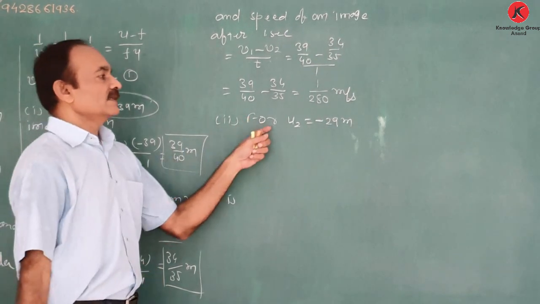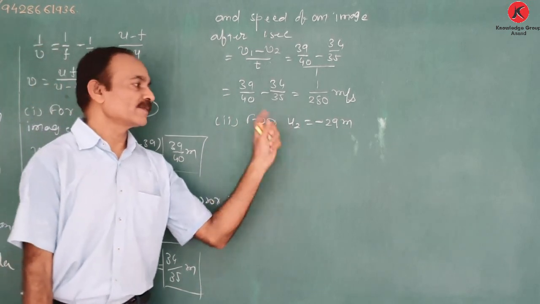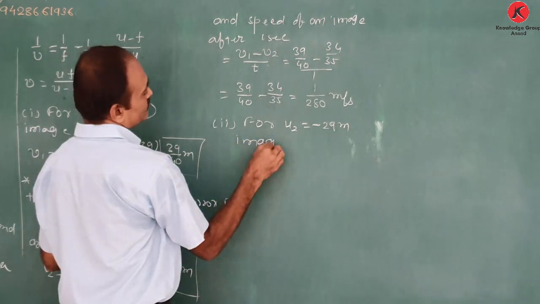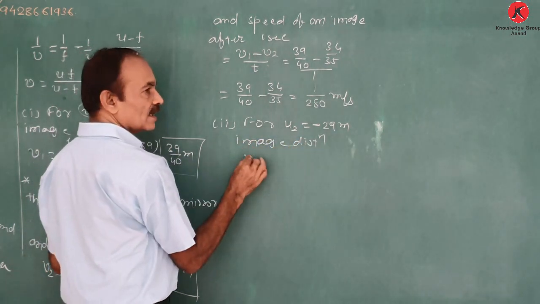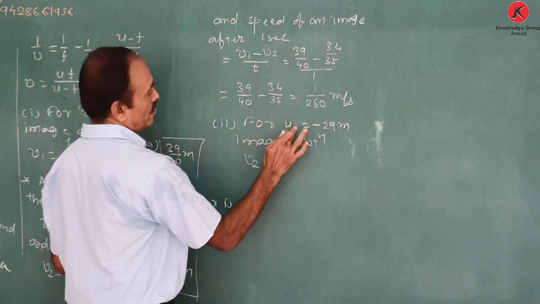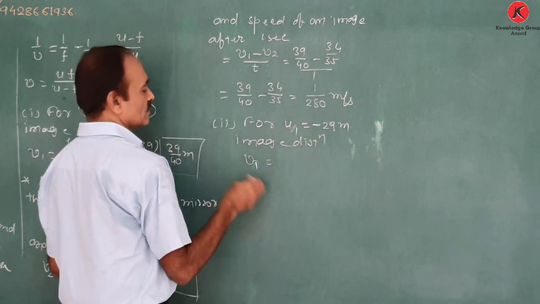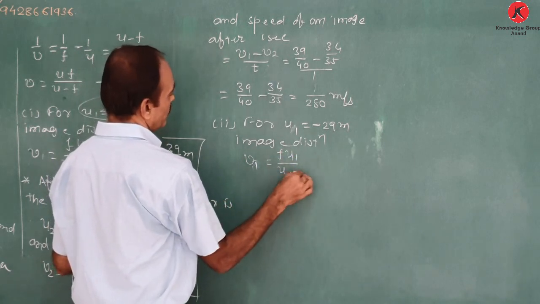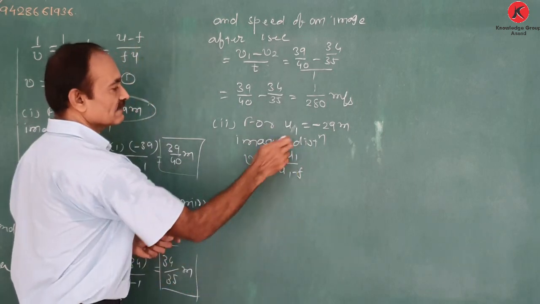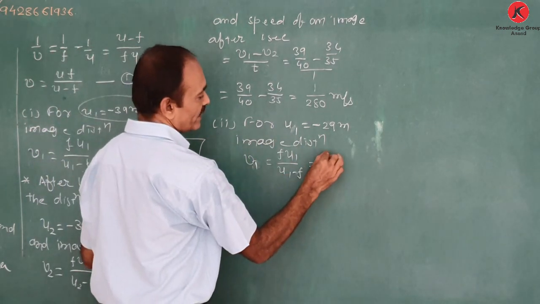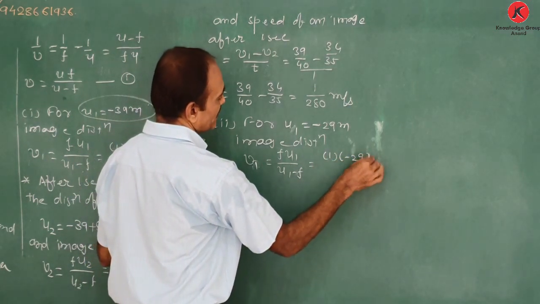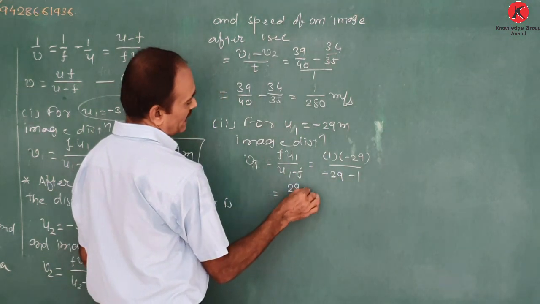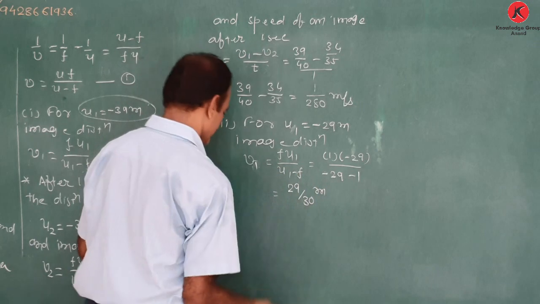When the person is at 29 meter from the mirror, the image distance v1 is equal to f u1 upon u1 minus f. Here u1 is minus 29 meter and f is 1, therefore 1 into minus 29 upon minus 29 minus 1, that is 29 upon 30 meters.